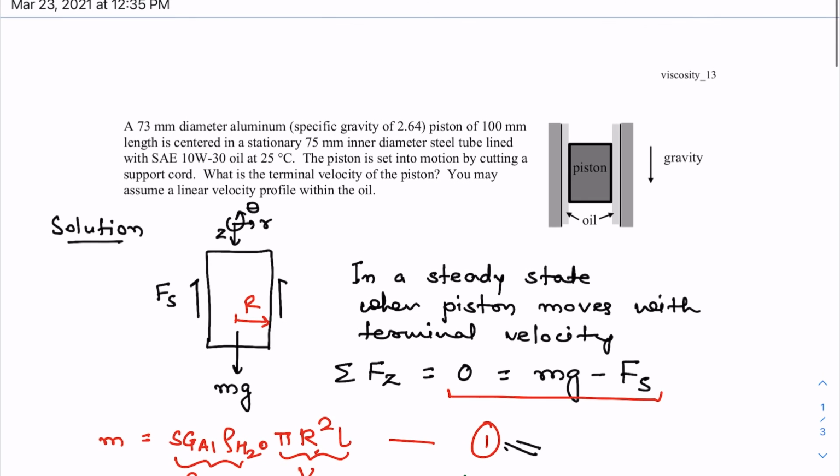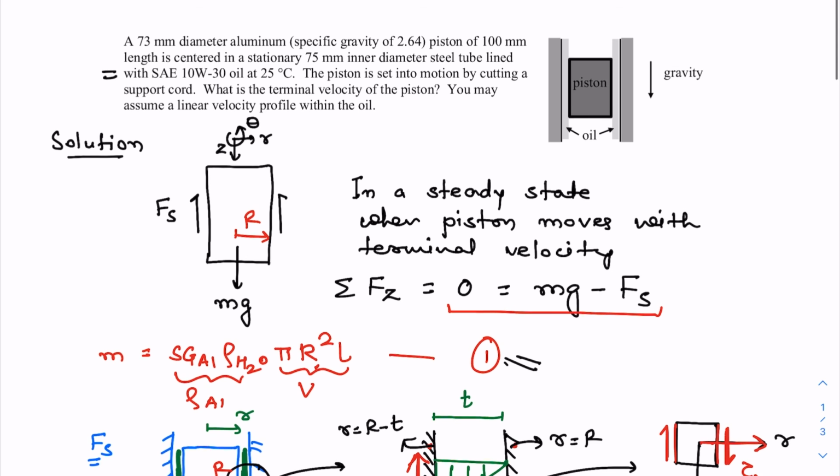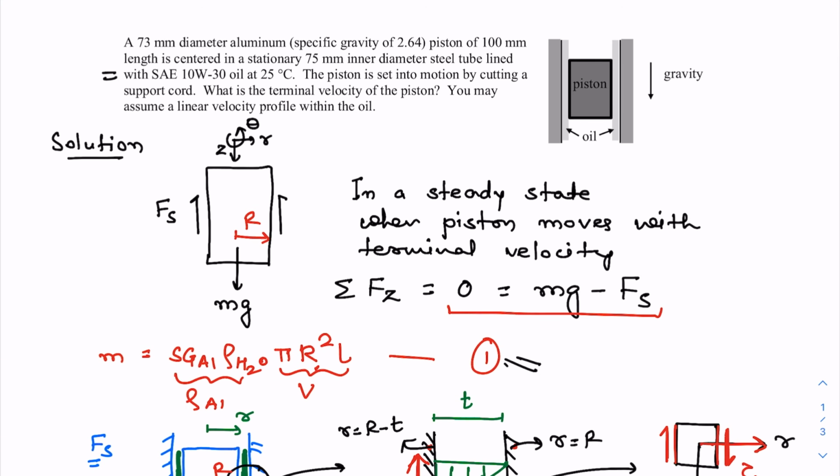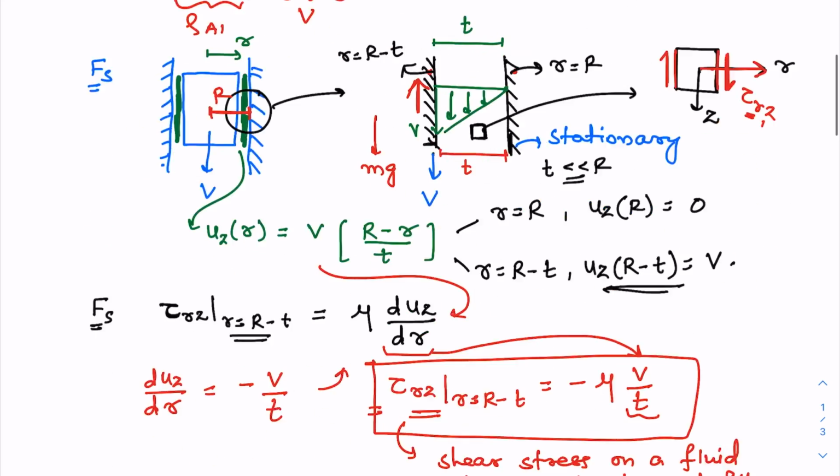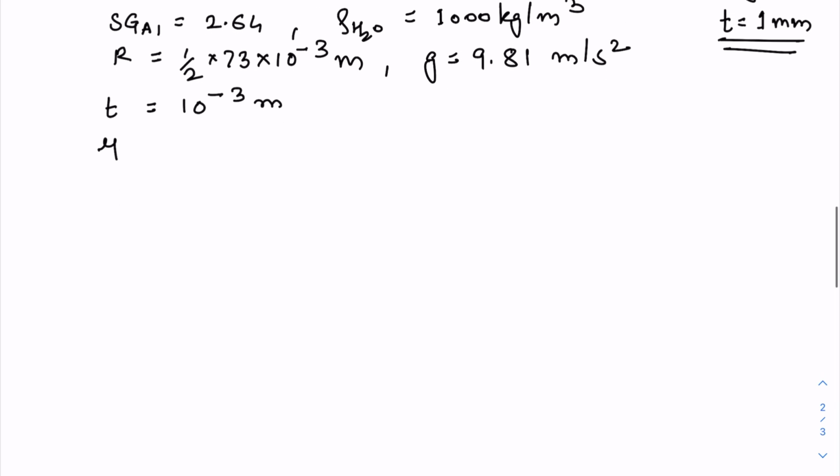For finding out the viscosity of this specific oil, you can just Google it or use any of the handbooks, and you'll find out that mu for this oil is 0.13 Pascal second at 25 degrees Celsius.